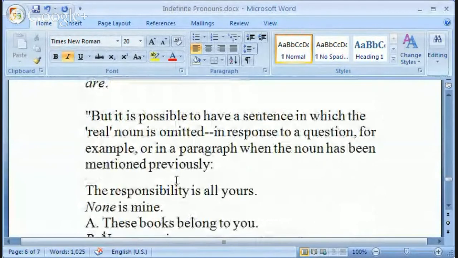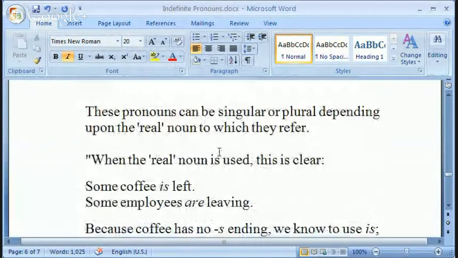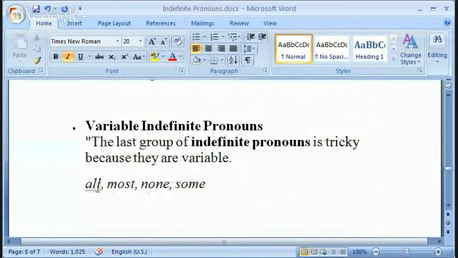Because the other thing is, if you think about it here for a second, extrapolating back, we can use any of these for a countable or an uncountable noun. That's really the essential problem here. Some cats are in the yard, one, two, three cats. Some coffee spilled on the floor.